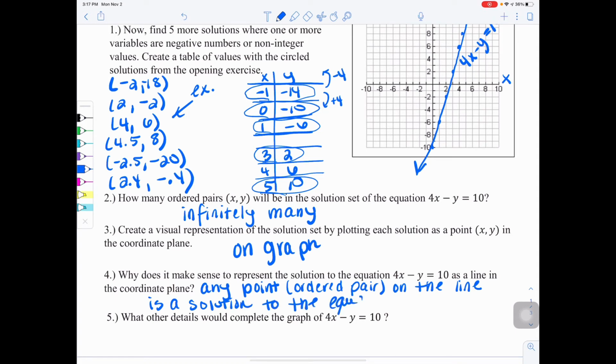So we're trying to show that these are all the possible answers. So definitely star this one. The fact that any point on a line is a solution to the equation is a very important concept to understand and will come up repeatedly.